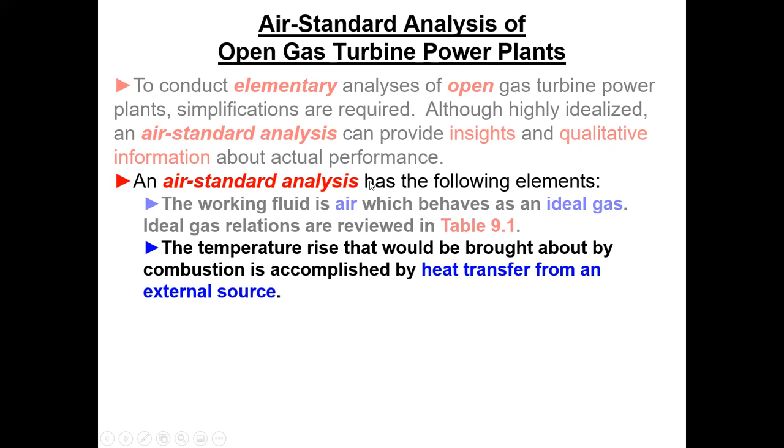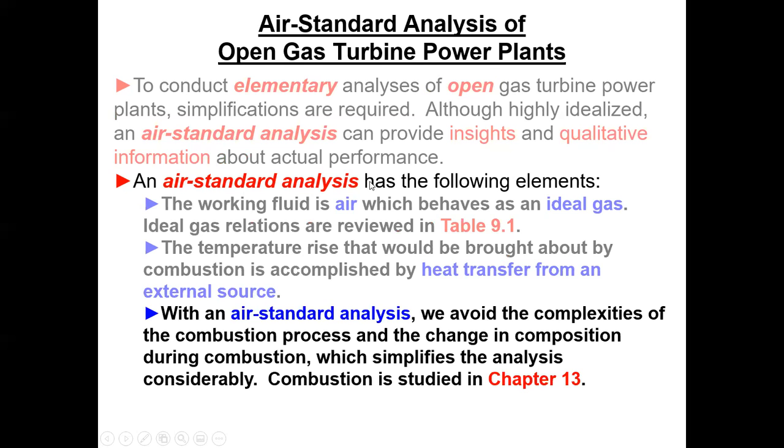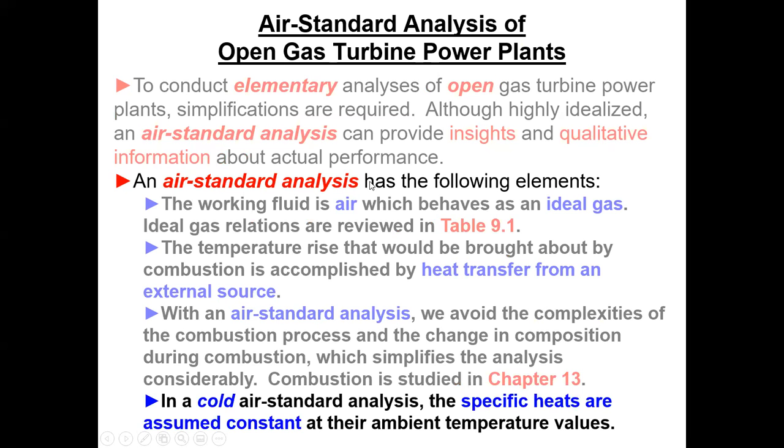Temperature rise that would be brought about by combustion is from heat transfer from an external source. So we get rid of the combustion. The air standard analysis avoids the complexity of combustion. We've already said that. And even the cold air standard analysis, this is the terminology, even assumes specific heats are constant at their ambient temperature values.